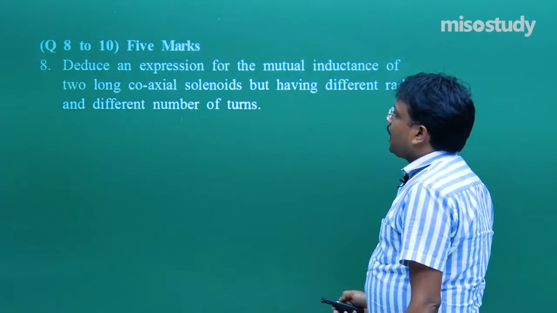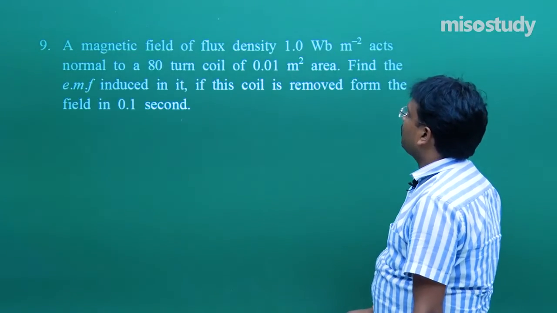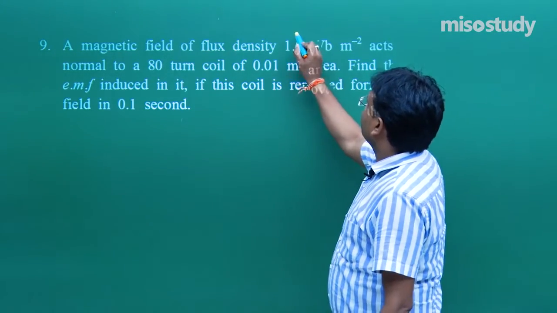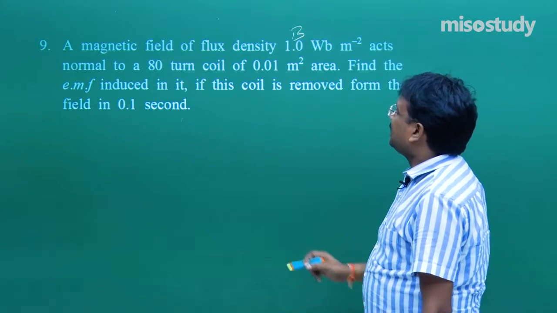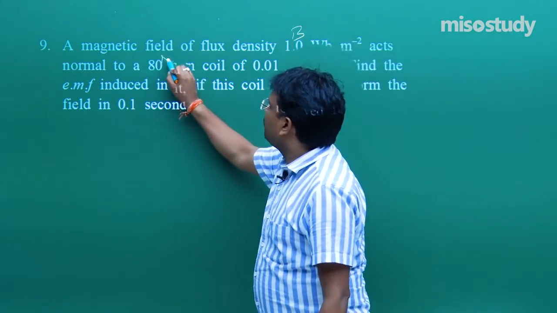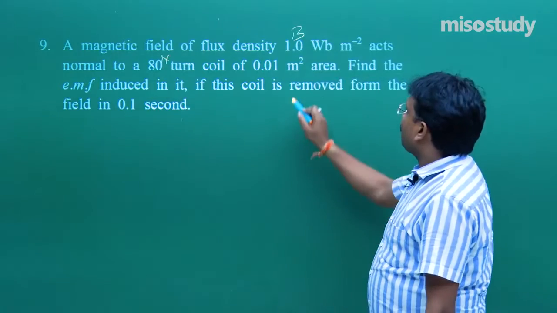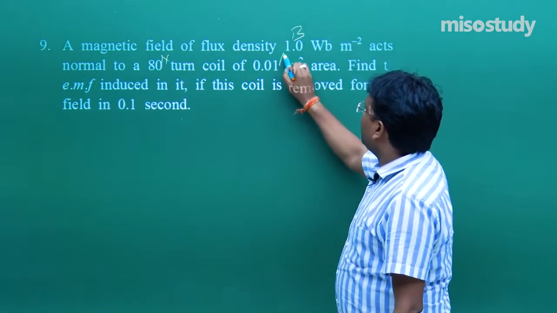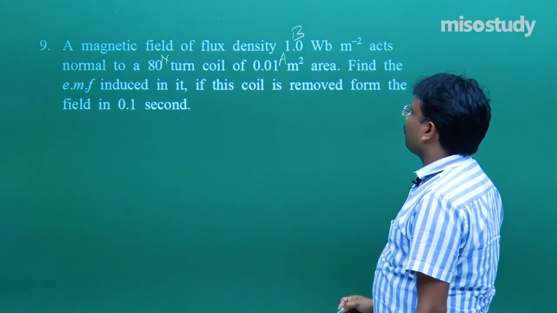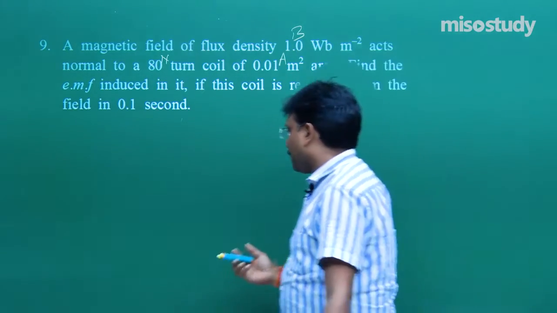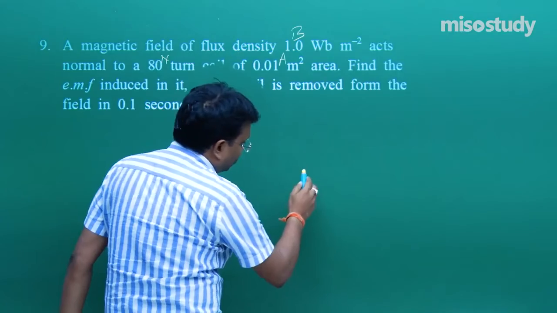Now, question number 9. A magnetic field of flux density B acts normal to an 80 turn coil, and this is a basic numerical, of area 0.10, that is A. Fine. Find the EMF induced in it if this coil is removed from the field in 0.1 second. So, a very simple question.